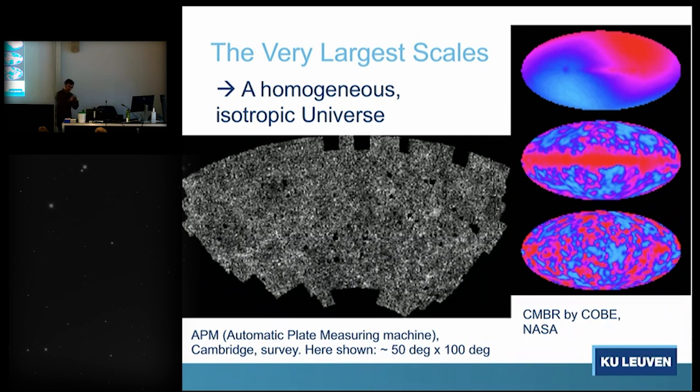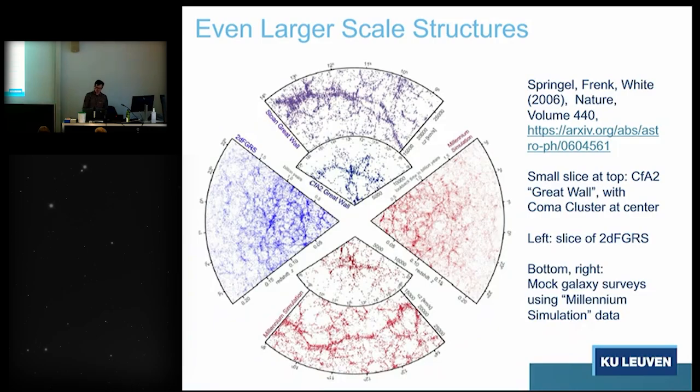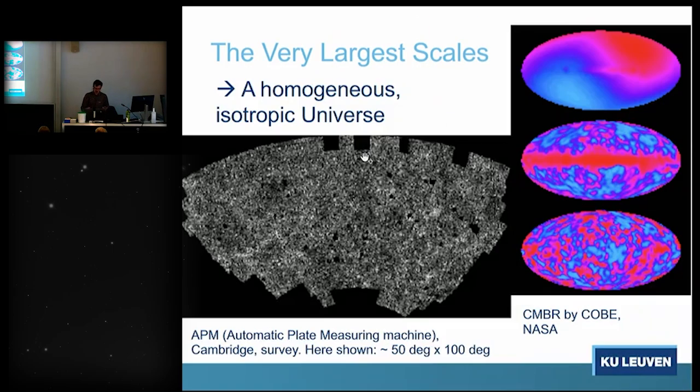That is, at some large enough scale, likely above 100 megaparsecs, these types of structures will go away and we will have a statistically isotropic and homogeneous universe like this.